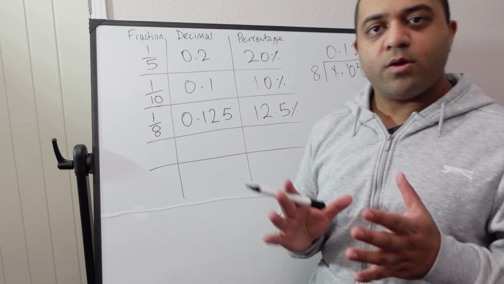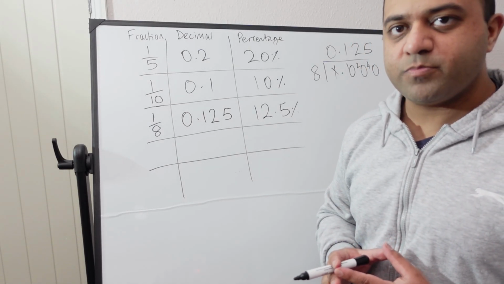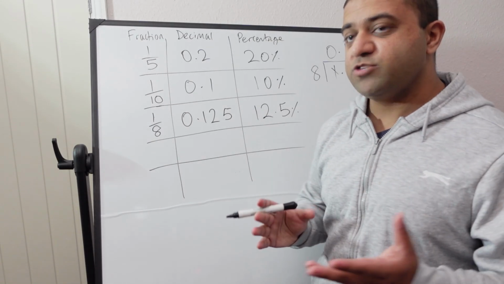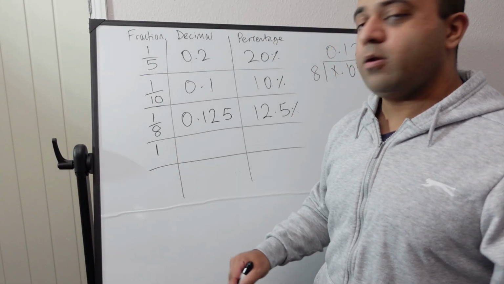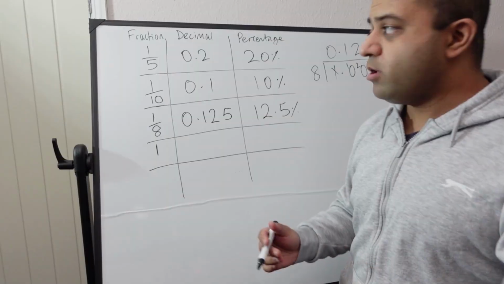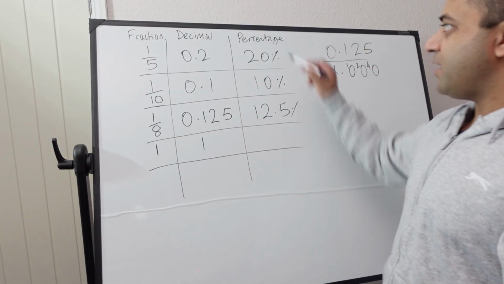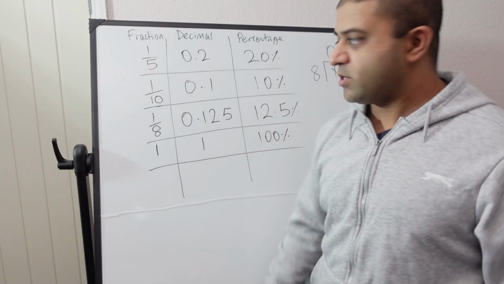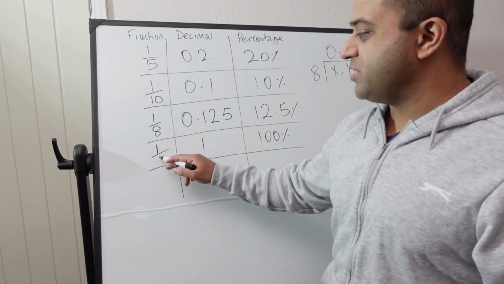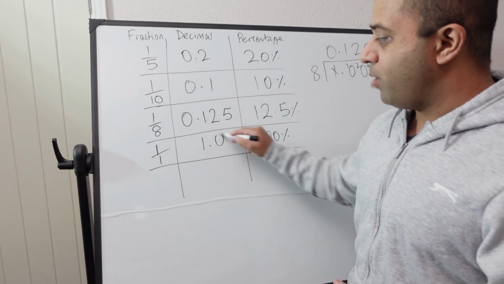This one is quite uncommon, but it is useful to remember. Another percentage that would be useful is the fraction 1, where you can have 1/1, which is 1 as a decimal as well, and as a percentage that's 100%. I suppose as a fraction we should technically write 1/1, and maybe as a decimal you can write down 1.0.